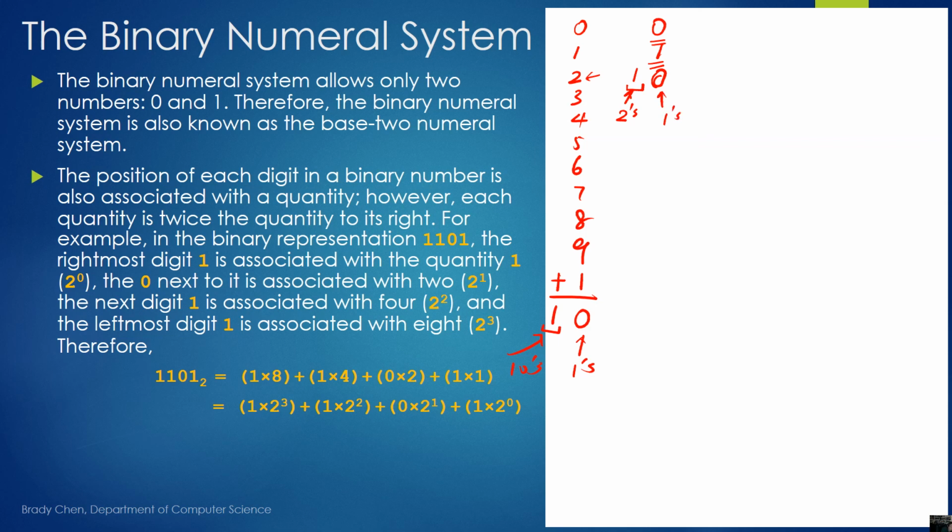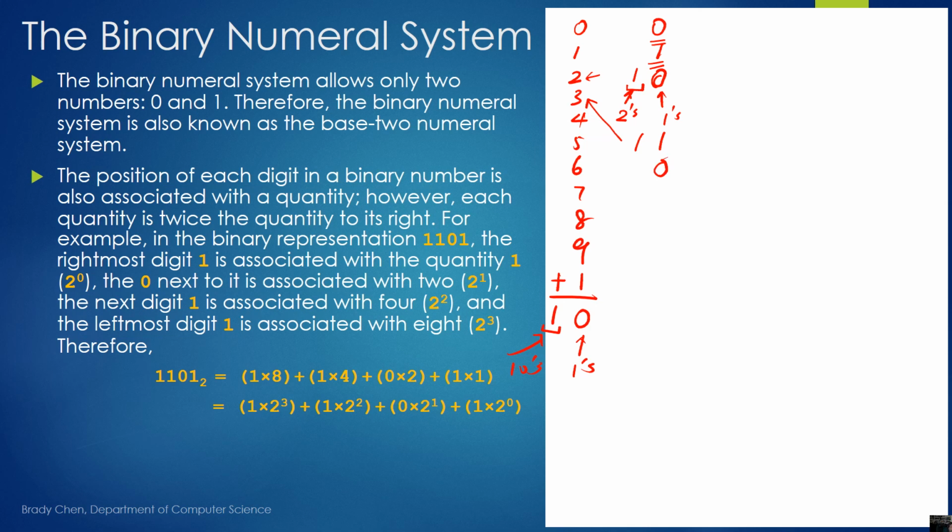Now we can continue to count, right? So 1, 0, and the next one is 1, 1. Because the 1's position is 0, we can introduce the number from 0 to 1. And that represents the number 3. Okay. Now, if we want to add 1 more, we find there's a 1 in the 1's position, so we cannot introduce any new symbols. So we reset the 1's position to 0.